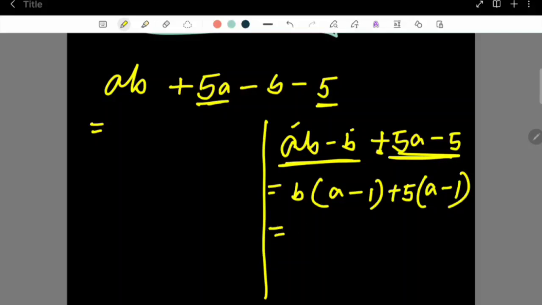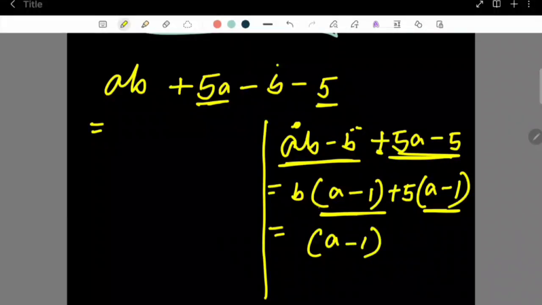Check, we have arranged the terms. After the first term, the third one we have written, then the remaining. But after taking common, you check this term and this term are the same. So this a minus 1 part will be common again. The remaining part will be b, plus 5.